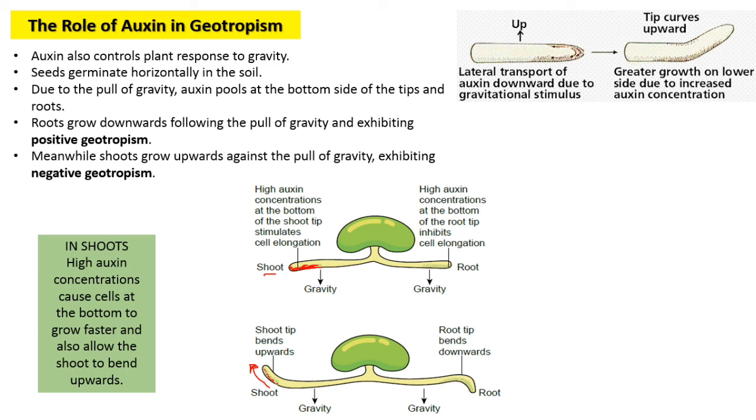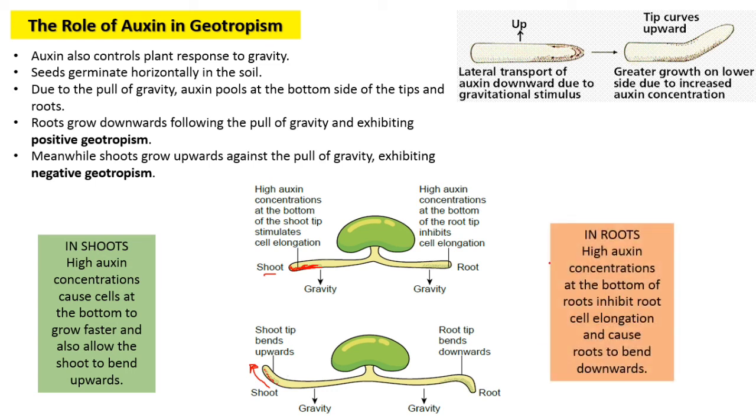the shoot. Meanwhile, in roots, auxin is produced at the tip of the root and accumulates at the bottom part because of gravity, but the high concentration at the bottom of the root inhibits growth. It differs from the shoot.